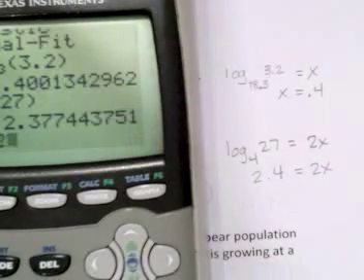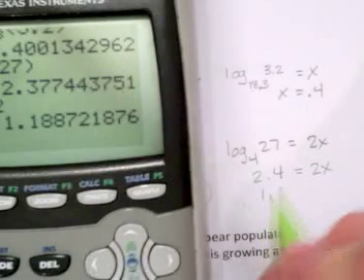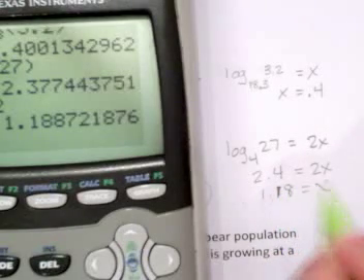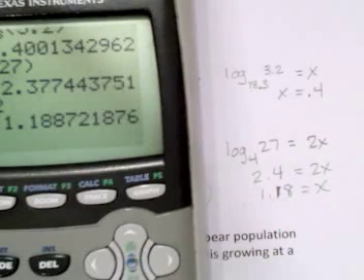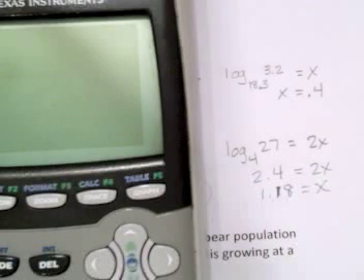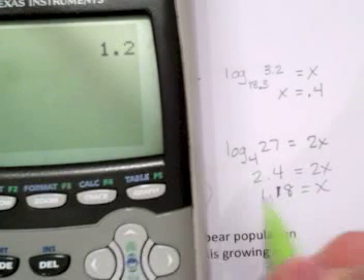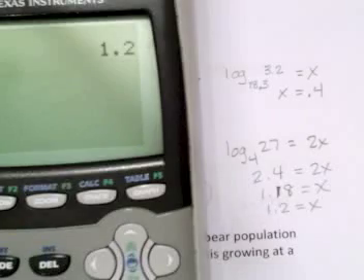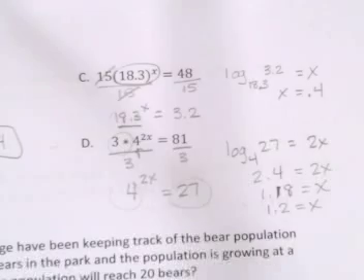So I would need to divide both sides by 2 and get 1.18 is equal to x. Well, actually, if I had rounded, I would say 2.4 divided by 2, and I would get 1.2 is equal to x. So that is how we use logs to solve for things that we have in our exponent.